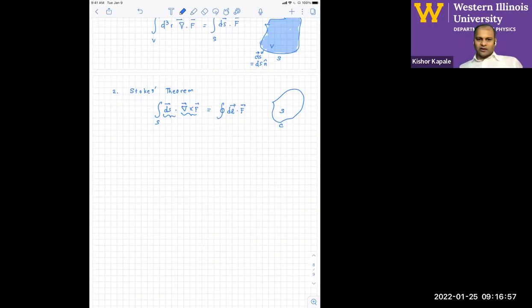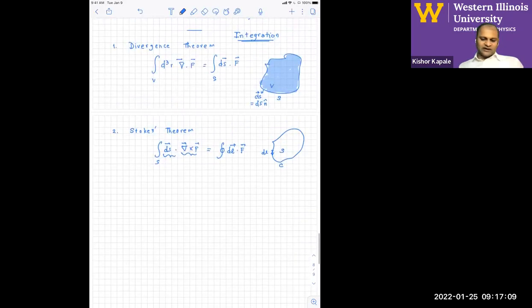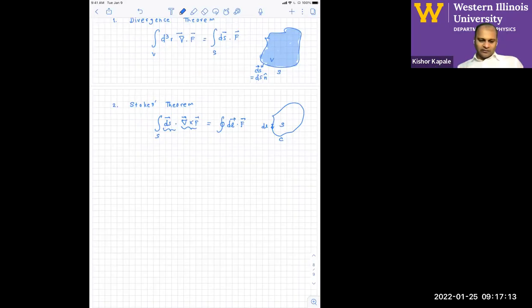You take a dot product of the small length element along here, dotted with the field. That's Stokes' theorem. You have seen these things before. You are just going to understand them deeply and use them more efficiently from here onwards. So that's it for now.